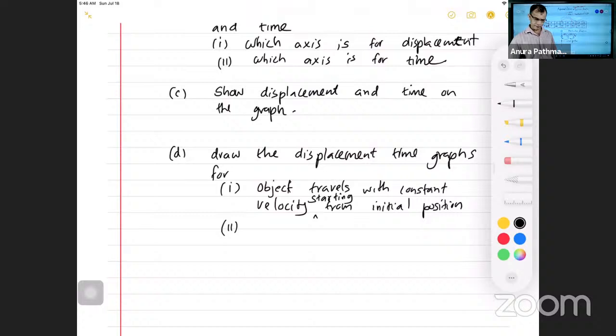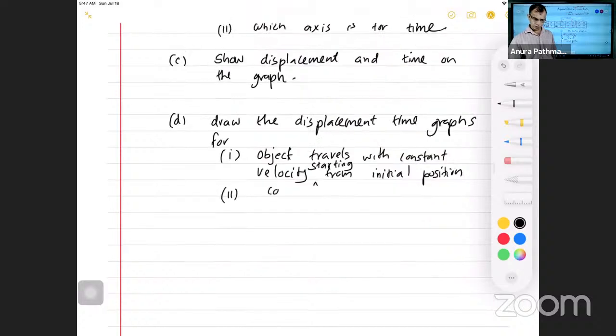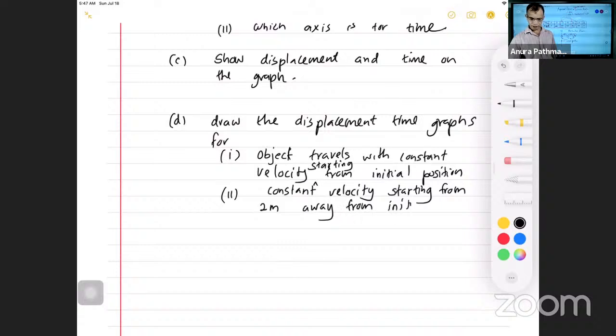Two, constant velocity starting from 2 meters away from the initial position in the particular direction.